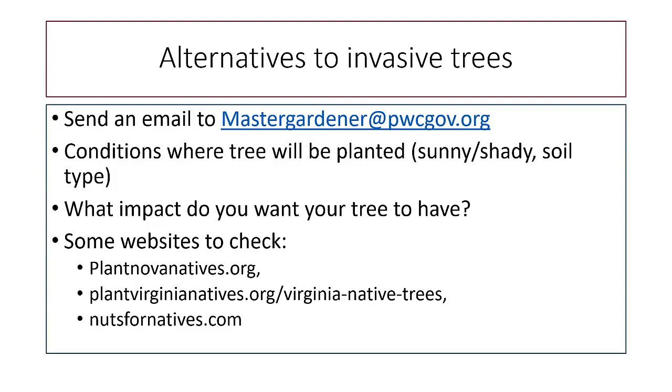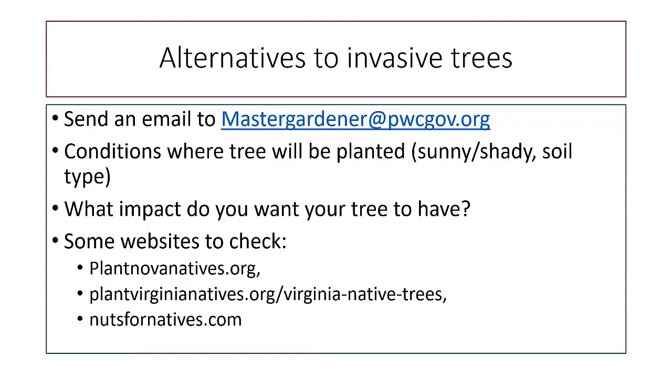There are plenty of websites out there, and 3 of the ones that I find the most useful, if you are interested in looking for native plants and native trees, the first one is plantnovanatives.org. The second one is plantvirginianatives.org. And then there's a website called Nuts for Natives that also has some very good questions to ask yourself before choosing a tree.